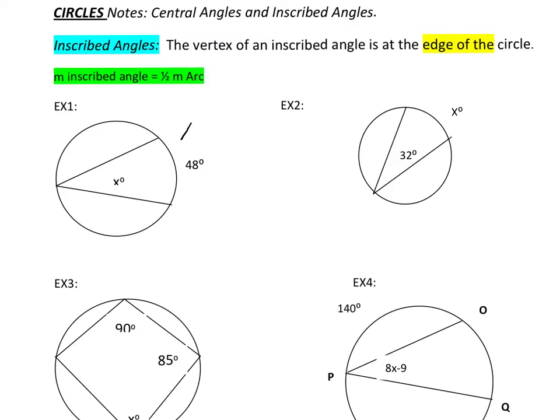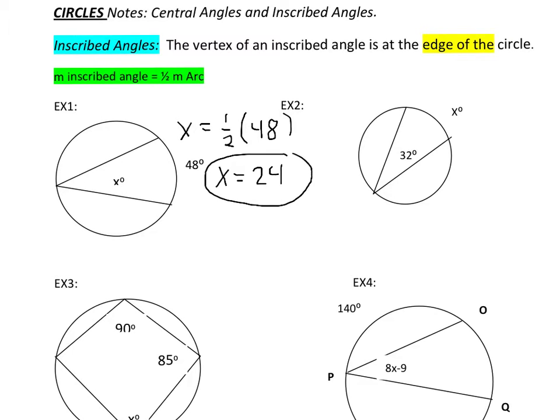So x equals 1/2 of 48, and that's how we found x equals 24. All we're doing is following this formula here. So as you can see, this is very straightforward.